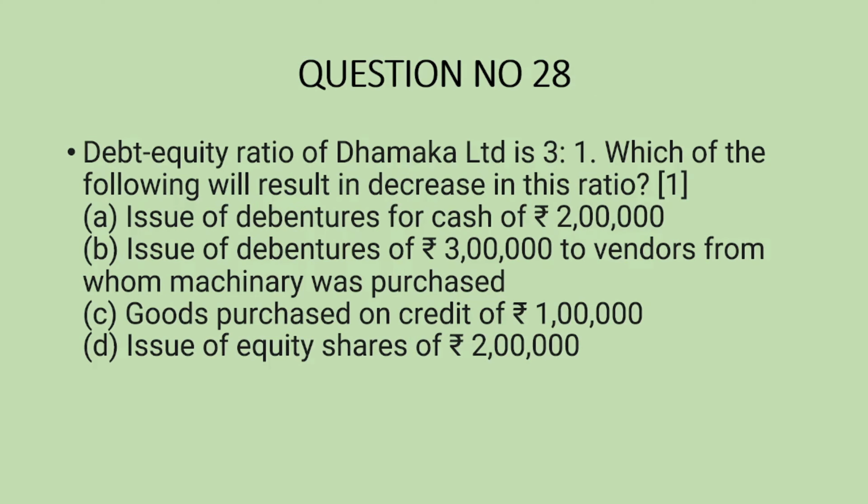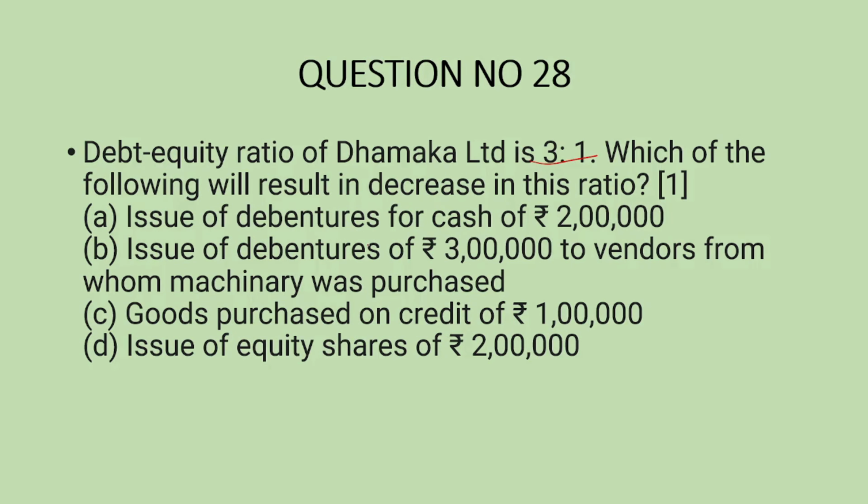Now, question number 28. Debt equity ratio of Dhamaka Limited is 3:1. Which of the following will decrease the ratio?